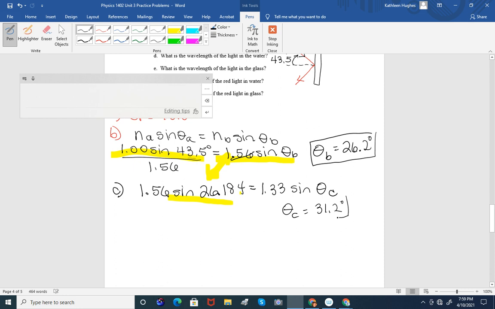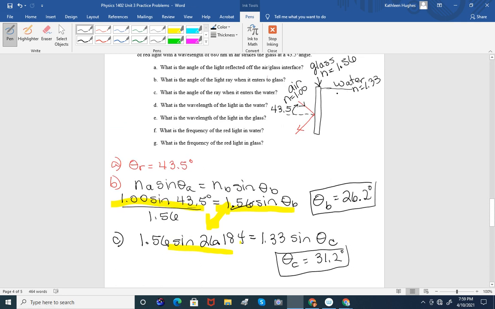I'm not surprised that it's bigger because it moved from an index of refraction of 1.56 into water, which is 1.33. When it moves into the less dense medium, it refracts away from the normal.